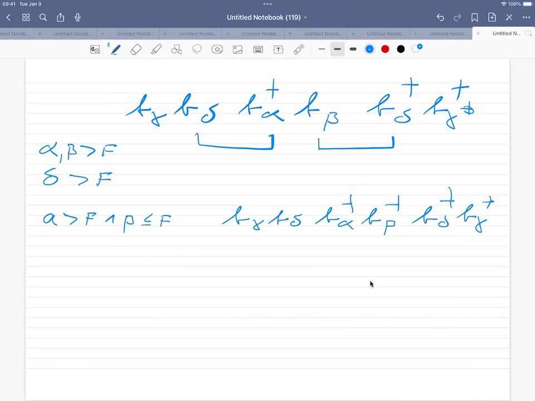Now, in that particular case, we're actually going to get a contribution which is going to vanish, and you will see that. So you can also have the case where you have beta larger than F and alpha less than F, this term here would then be replaced by this B beta or B alpha or B delta or B gamma.